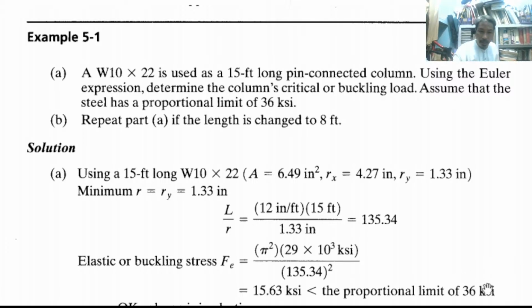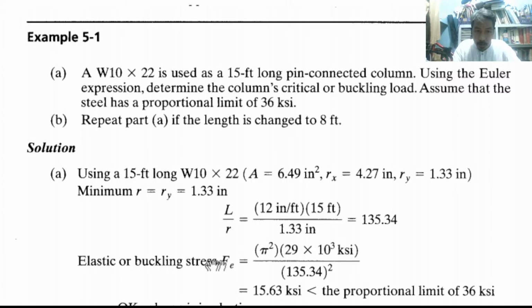The value of stress that could be handled by the material. So therefore it is okay because the material strength is 36, the stress is just 15. So it's okay. So the elastic or buckling load, just multiply by the area. The area is again here 6.49. So multiply, our load is 101.4.